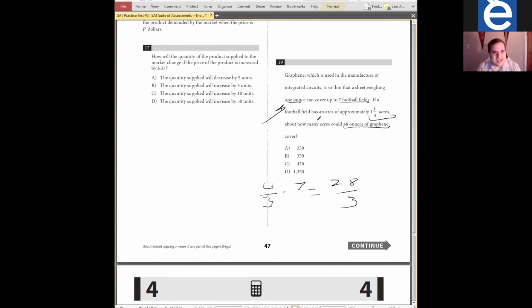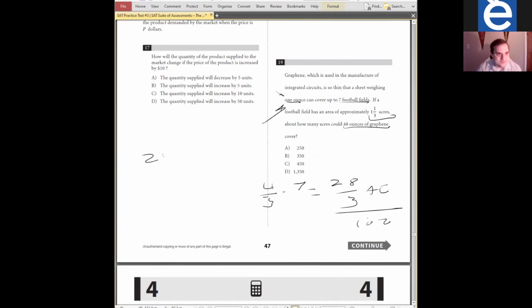So now it says how many acres could 48 ounces of graphene cover? So now this is how many acres we're dealing with, right? But more specifically, that is how many acres for 1 ounce. So divided by 1 ounce.